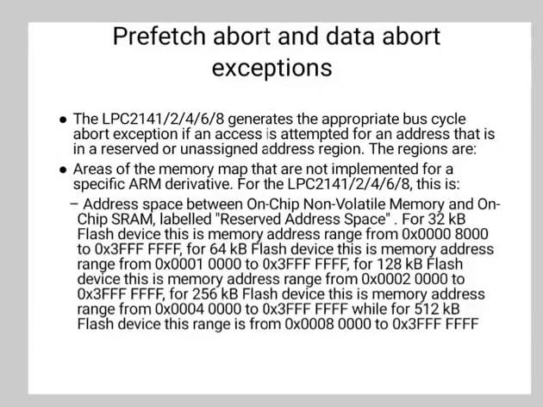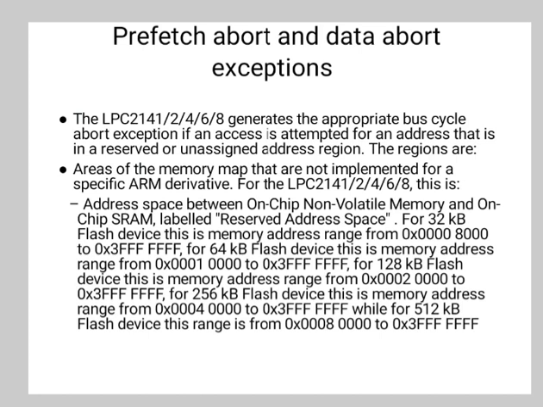Next is prefetch abort and data abort exception. The LPC 2141, 42, 44, 46 or 48 generate the appropriate bus cycle abort exception if an access is attempted for an address that is in a reserved or unassigned address region.